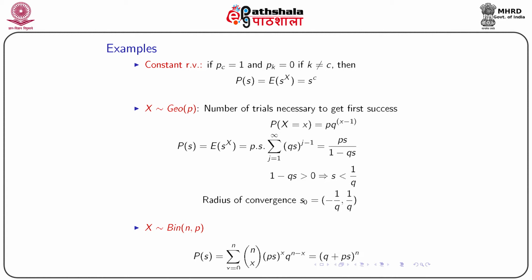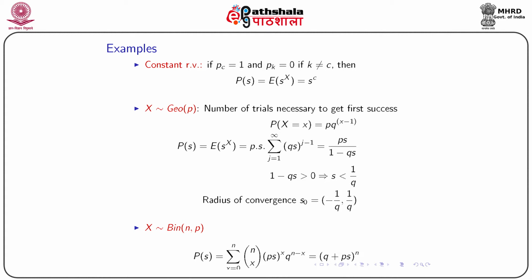Now by the definition of the probability generating function, Ps can be written as ps times the sum over j from 1 to infinity of (qs) to the power j minus 1, because we have s to the power j, and we are partitioning it into s to the power j minus 1. Now the function within the summation is a geometric series, and we know that the sum will be ps into 1 by 1 minus qs.